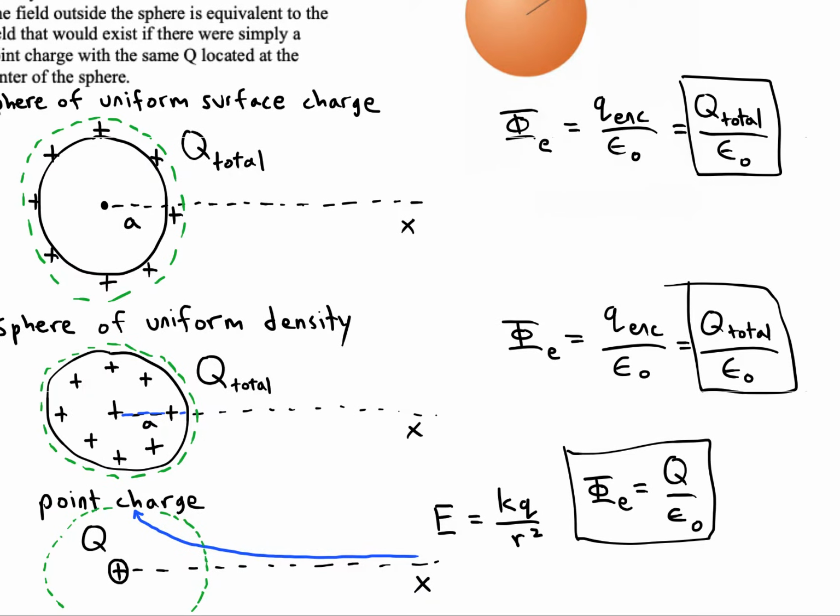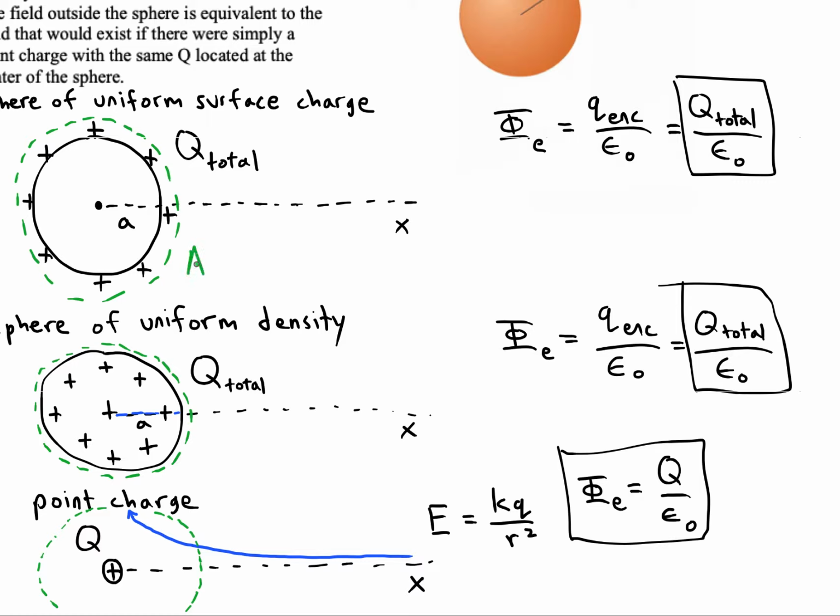The area of all our Gaussian spheres is going to be the same. Our surface area will be given by A equals 4 pi r squared, but in this case we said that the sphere had a radius of a, so I'll use that.